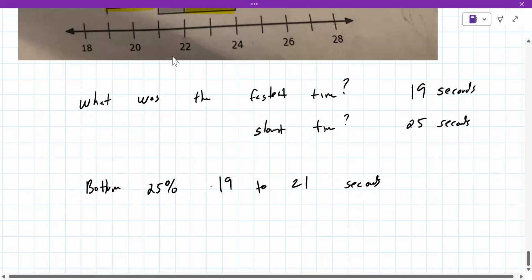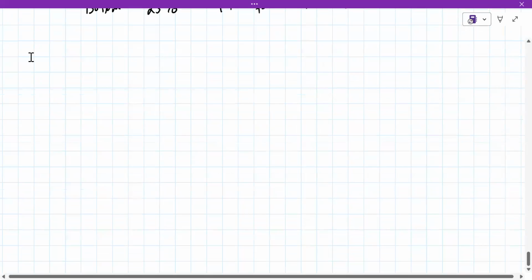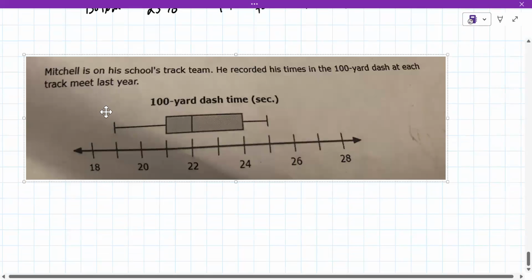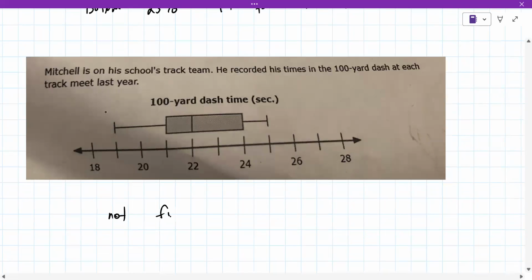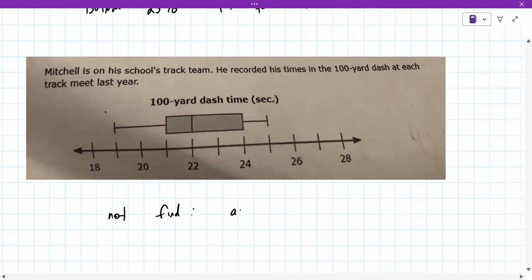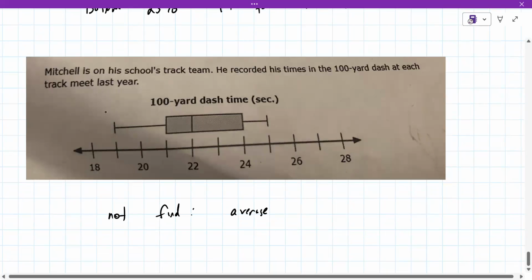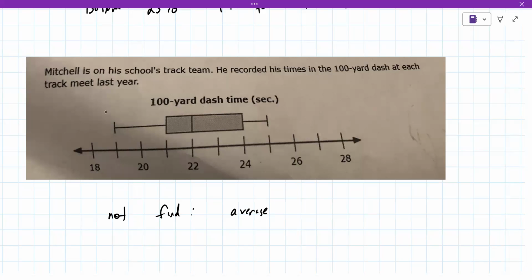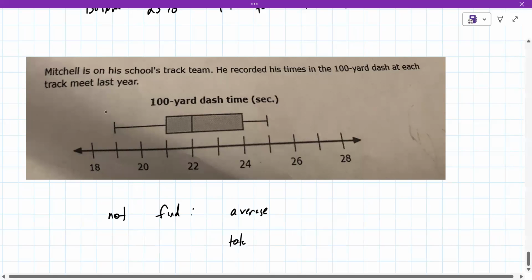Sometimes they ask what you cannot find. Here are some things you cannot find with just the box plot. You don't know the average, so unless you have all the data, you cannot find the average. You also don't know the total number of scores.